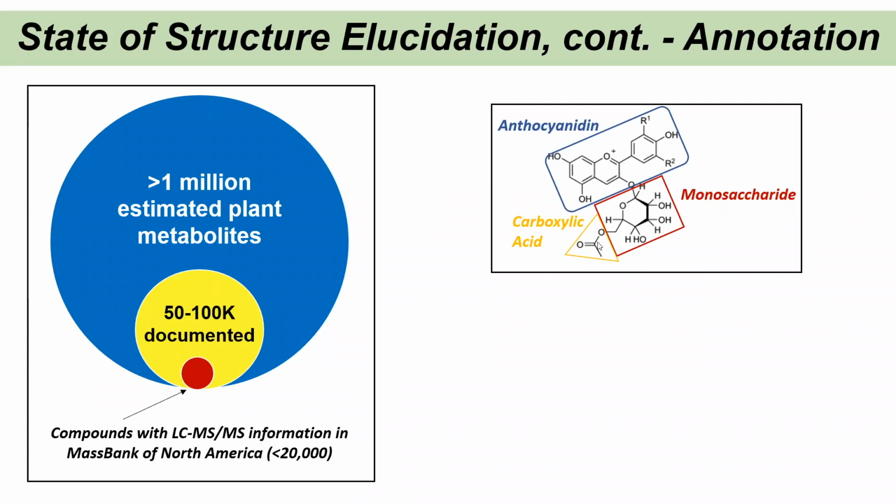So we devised an algorithm that provides an alternative method for metabolite annotation. It takes a particular query metabolite, and instead of providing the specific identification of the metabolite, it points out what chemistries are involved in it. For example, this particular metabolite would have an ethylcyanidin, a monosaccharide, and a carboxylic acid together.